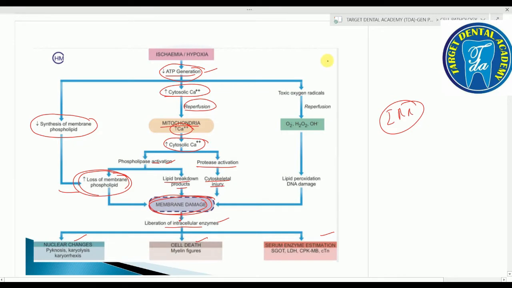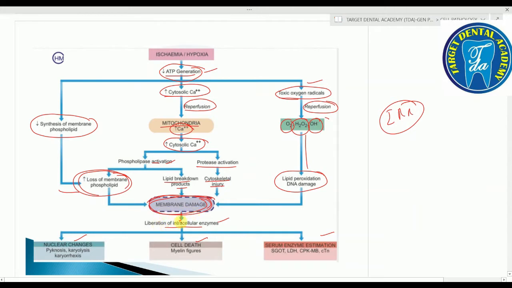In the third condition, when there is a decrease in the generation of ATP, there are toxic oxygen radicals. With reperfusion, there is a formation of superoxide, hydrogen peroxide, and OH ions. Fine. It leads to lipid peroxidation and DNA damage, which finally leads to membrane damage.